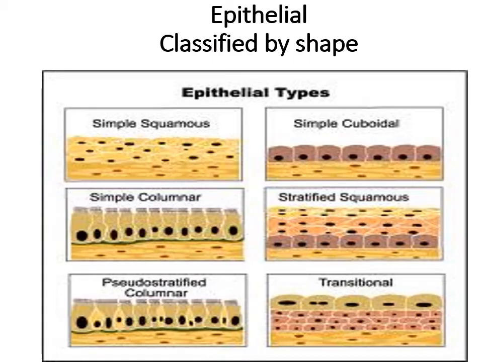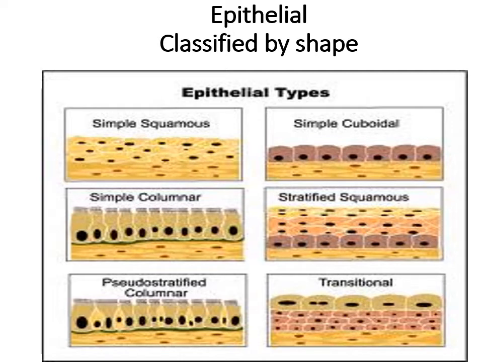Epithelial tissue is classified by its shape. So you could have simple squamous, cuboidal cells, columnar cells, because they look like columns.